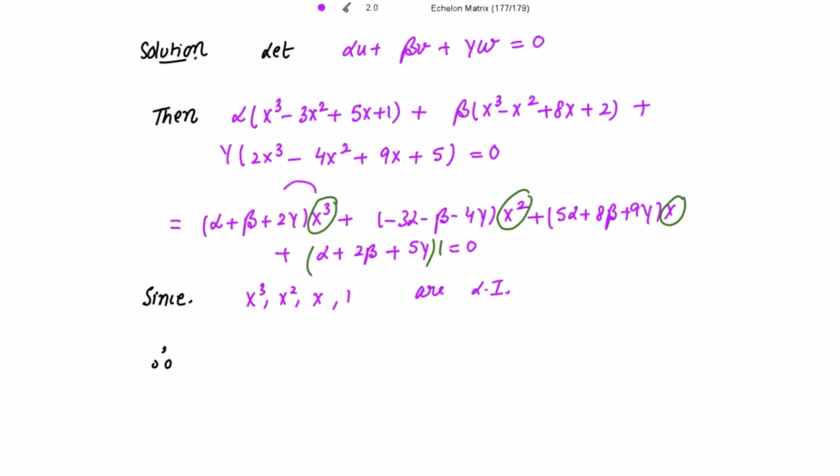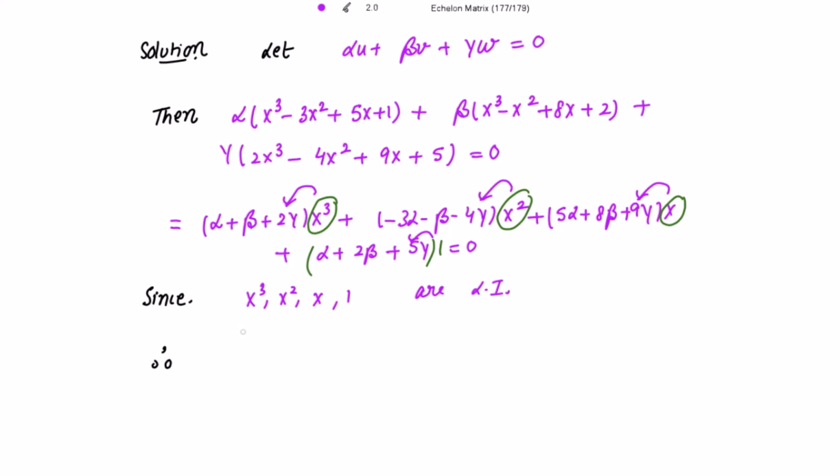What is the scalar for x cube? Alpha plus beta plus twice gamma. What is the scalar for x square? It is minus 3 alpha minus beta minus 4 gamma, right? So these become the scalars for x cube, x square, x and the constant. So all these should be equal to 0, right?